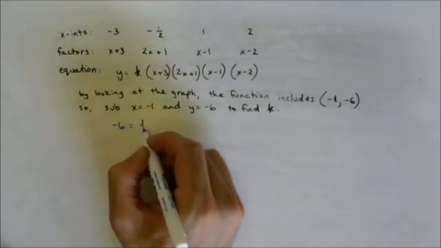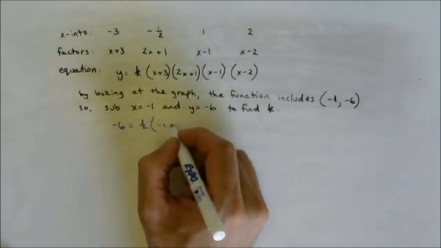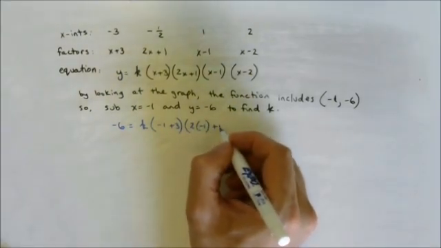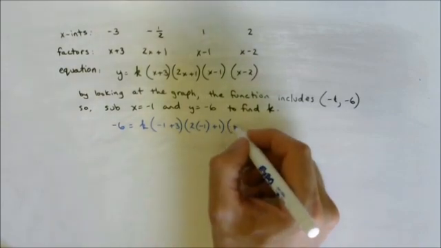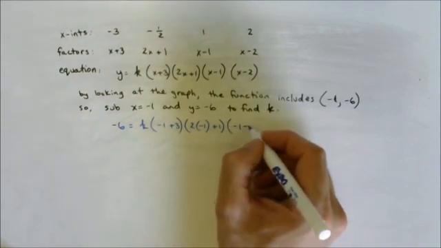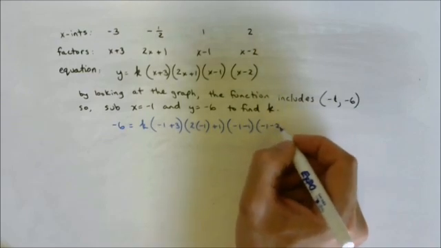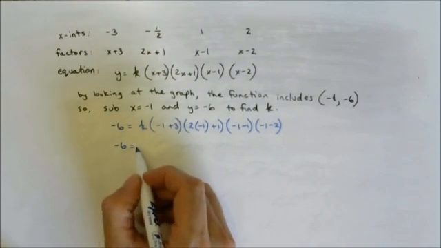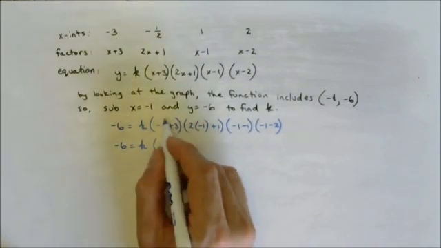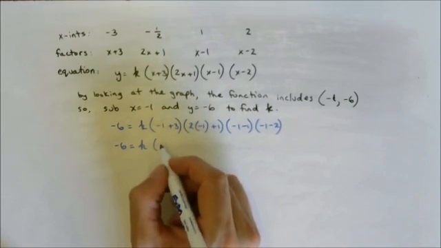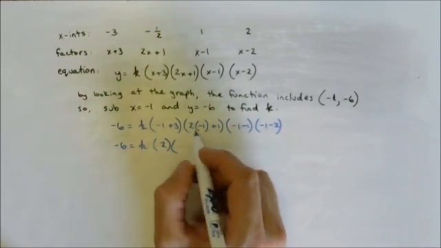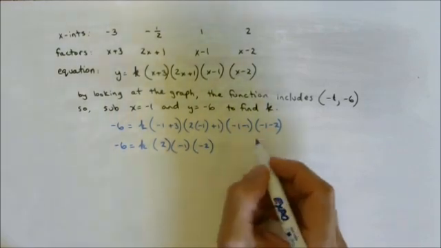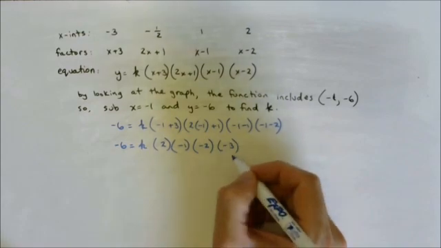So we have -6 equals k times -1 plus 3 times 2 times -1 plus 1 times -1 minus 1 times -1 minus 2. If I were doing this in my practice problems, I'd do all those in my head, and I'd skip down to this next step, which we end up with a first bracket, a multiplier of +2, then -2 plus 1, which is -1, then -1 minus 1, which is -2, then -1 minus 2, which is -3.